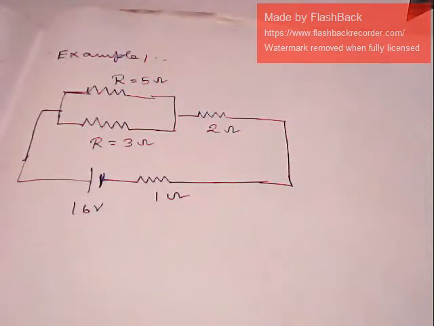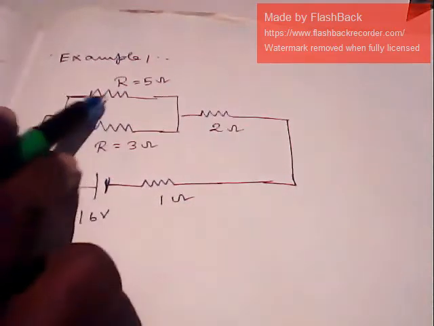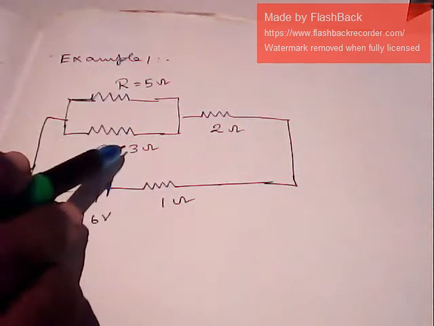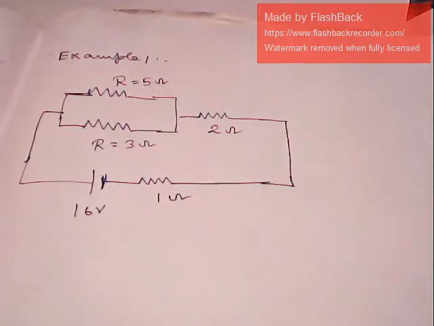This can be done by simple series parallel network reduction. For this, what we do is, first step, it is obvious that this 5 ohm and this 3 ohm are in parallel. So first we will combine these two.